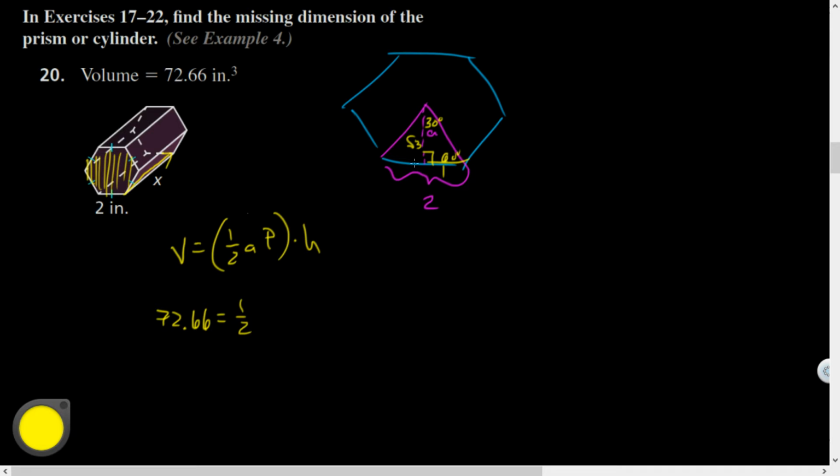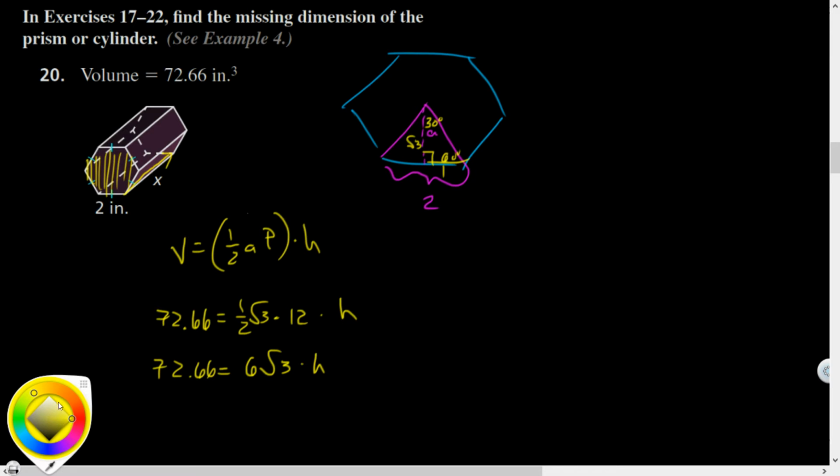So half the apothem, the square root of 3, multiplied by the perimeter. There is 2 times 6, so the perimeter is 12, multiplied by h. So that's going to be 6 rad 3 h is equal to 72.66. How could I solve that equation for h?